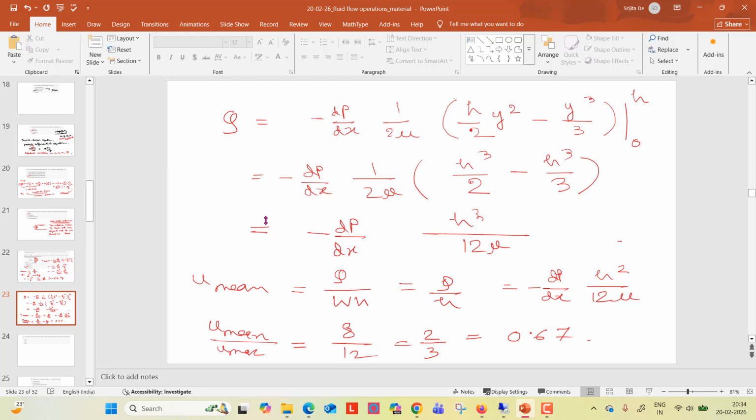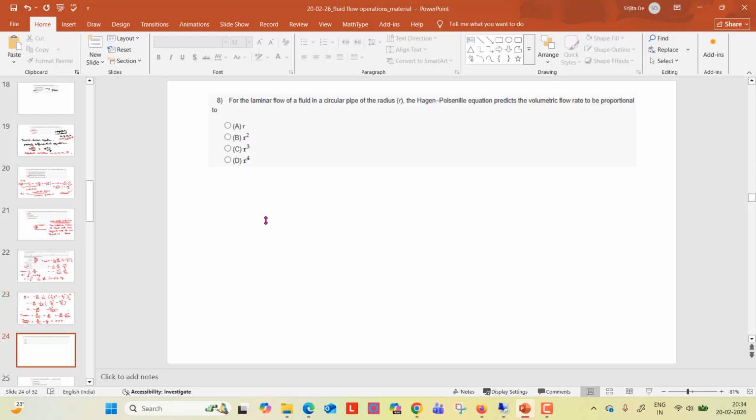For the laminar flow of a fluid in a circular pipe of the radius r, the Hagen-Poiseuille equation predicts the volumetric flow rate to be proportional to. So, how will this Hagen-Poiseuille equation come? If you have seen already in the lecture, right?